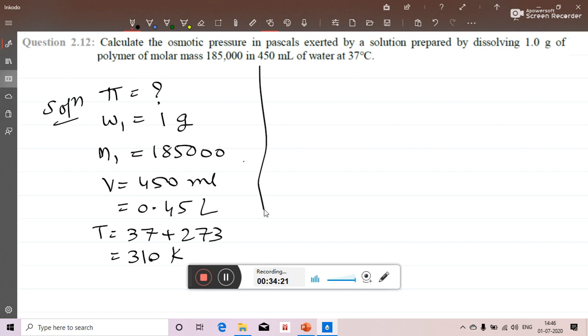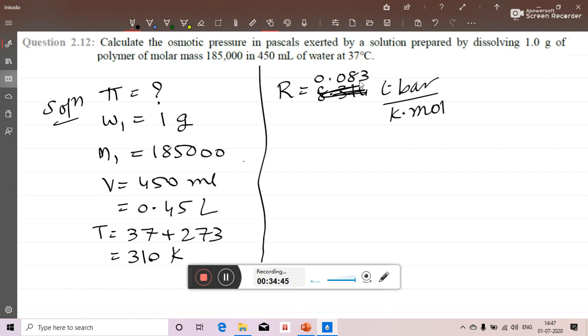And R, that is gas constant, is 8.314 liter bar per Kelvin per mole. Sorry, 0.08314 liter bar per Kelvin per mole.